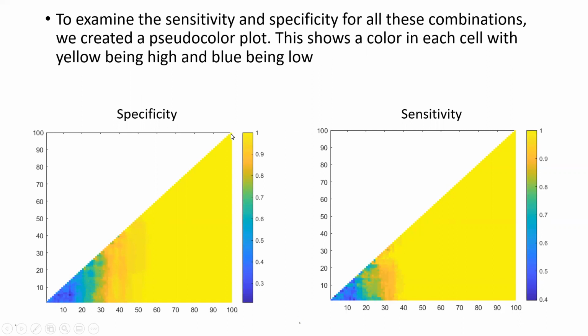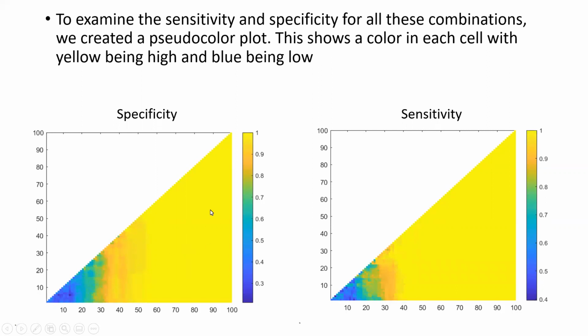And so each square here has a color assigned to it, and those colors correspond to the level of specificity or sensitivity. Yellow is really good, and it goes to orange as it gets a little less accurate, then to green, then to light blue, dark blue.